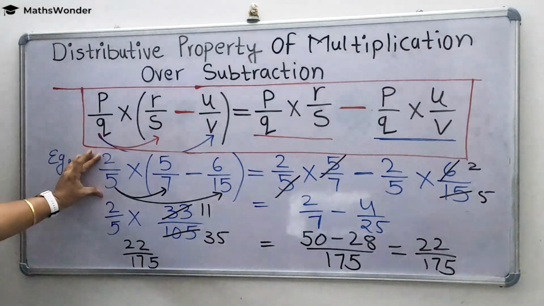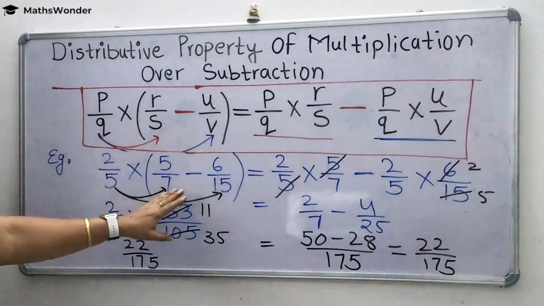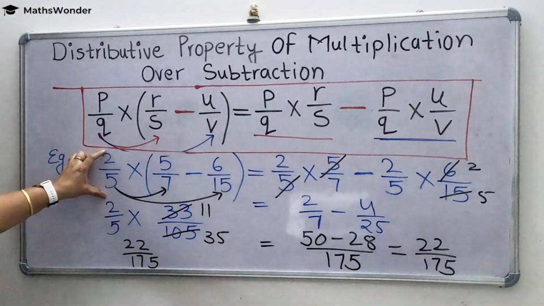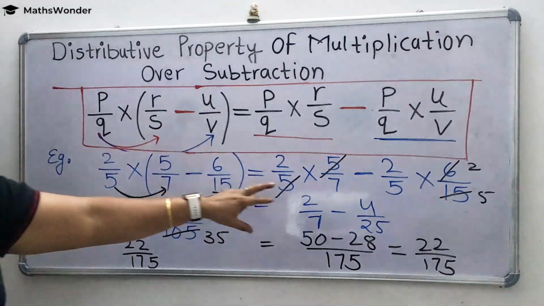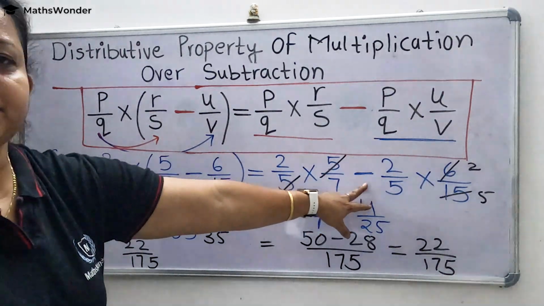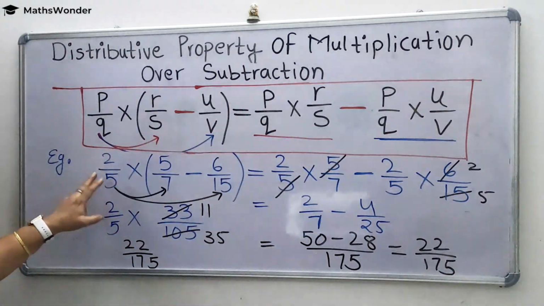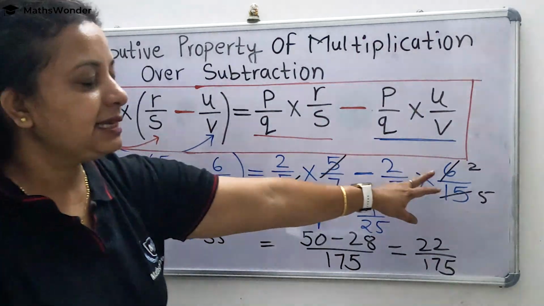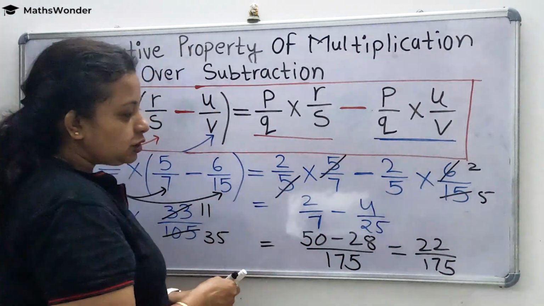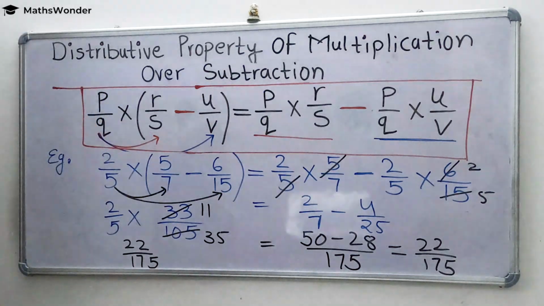If we take this example, 2 over 5 times 5 over 7 minus 6 over 15, how will you distribute 2 over 5? You will distribute 2 over 5 with 5 over 7 like this. In between we have the subtraction sign, put the subtraction sign here. Then 2 over 5 distributed with 6 over 15. First, because these are in multiplicative form, we'll check, can we simplify here?